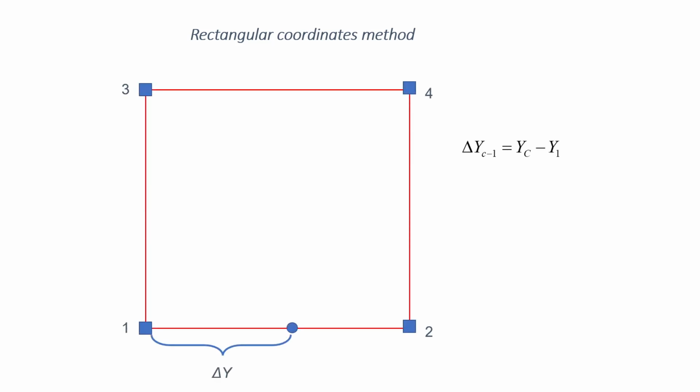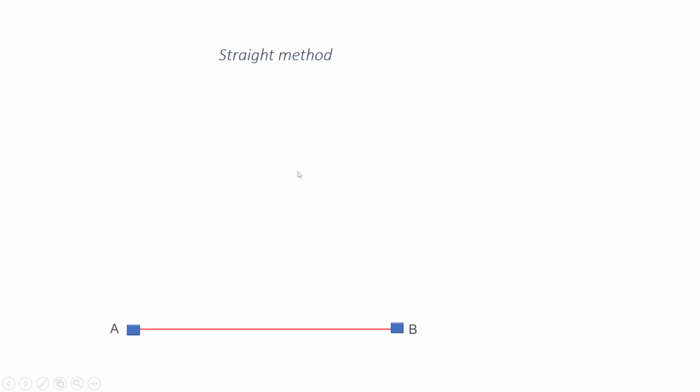We have the so-called building grid on a site, and then we measure delta y and delta x lines, and then we can set up the C point in the proper place.